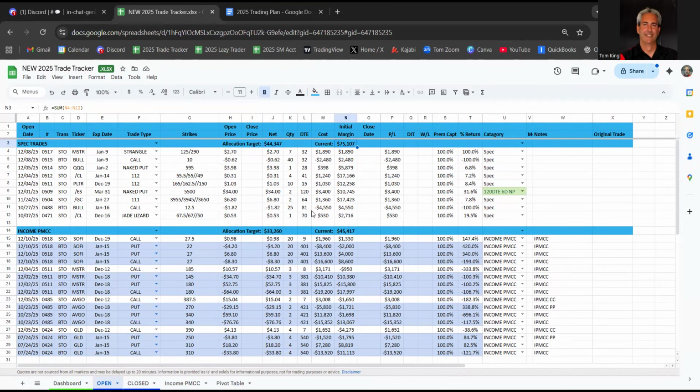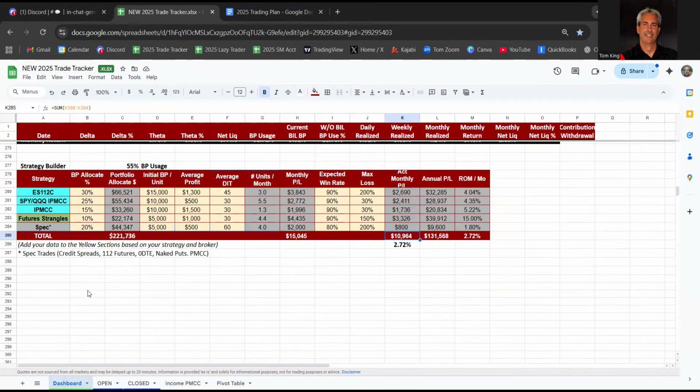Now, I have $75,000 in margin being used for spec trades right now. My buying power here is at 51%. So technically, according to my BP usage, I'm at 51%, and I'll go up to 55%. VIX is very low.